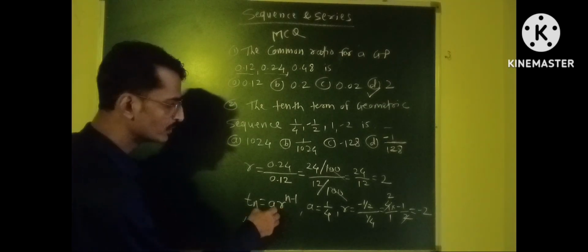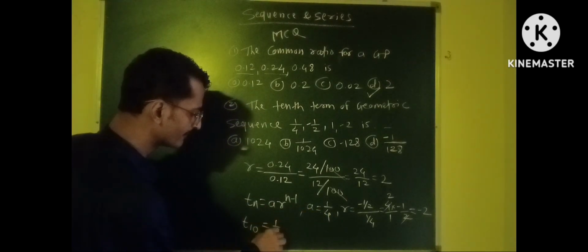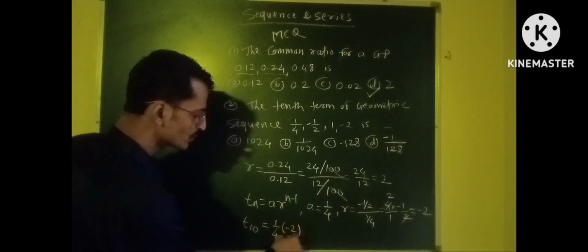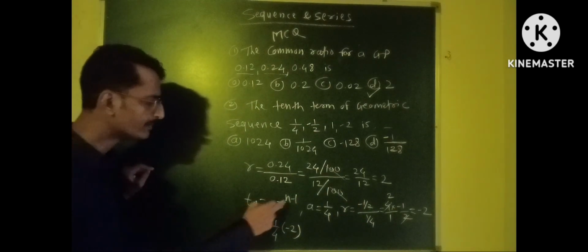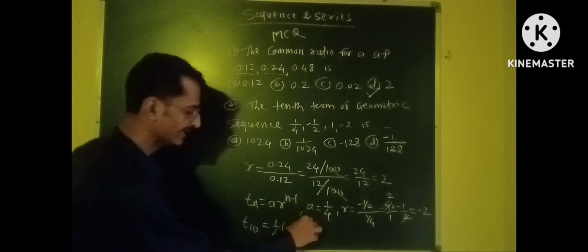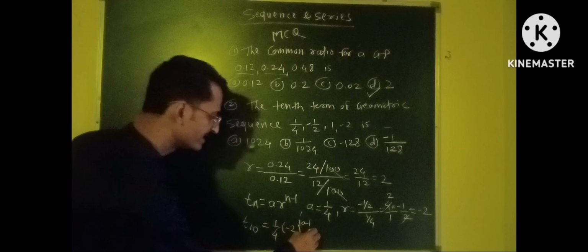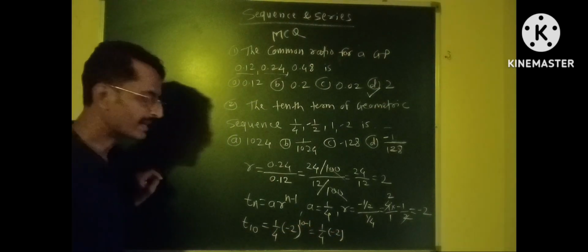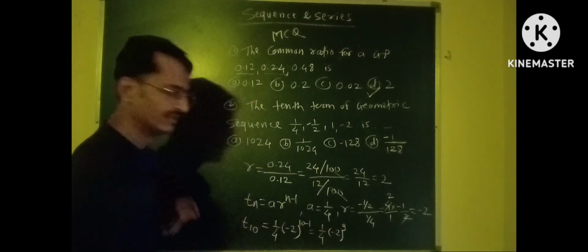So this is equal to A. A is 1 by 4 into R. R is minus 2 raised to n minus 1. But n is what? 10. So 10 minus 1. So now simply solve this. 1 by 4 minus 2 raised to 10 minus 1 is 9.